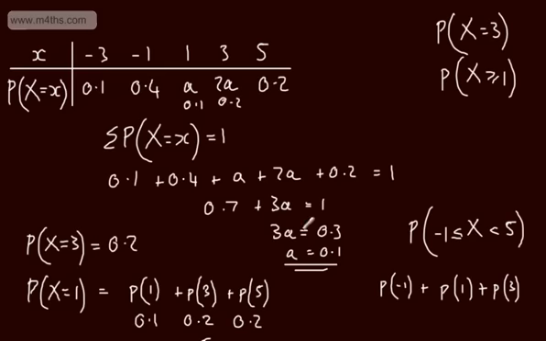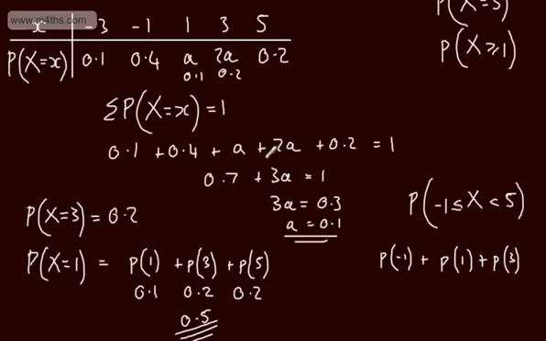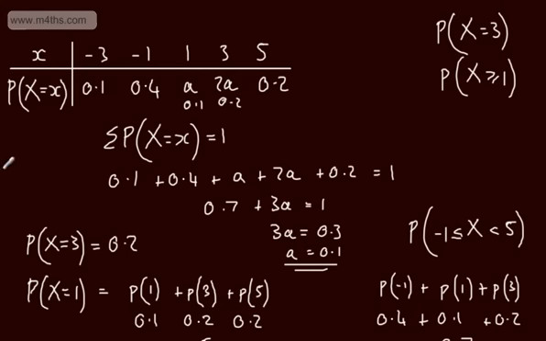So all we're doing is considering those. We're simply going to add those up. We've got 0.4 plus 0.1 plus 0.2, which is going to give us 0.7. So these are some basic questions that you might be asked when you're working with discrete random variables.